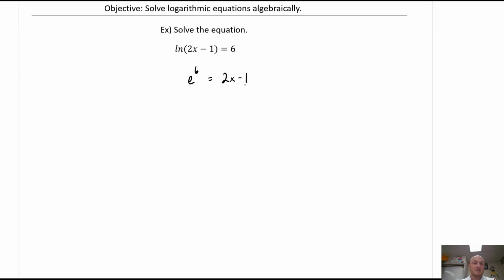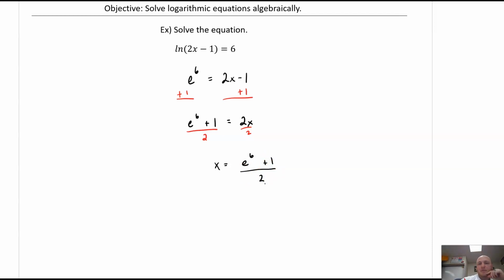In this case, I don't have a calculator. They're wanting the exact solution. It doesn't say anything about approximation, so I'm not going to worry about what e to the 6 is. I'm just going to leave it as e to the 6, and I'll add 1 to each side, giving us e to the 6 plus 1 is equal to 2x, and then I'll go ahead and divide by 2. So we get x is equal to e to the 6 plus 1 divided by 2.